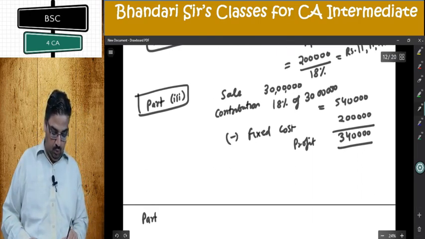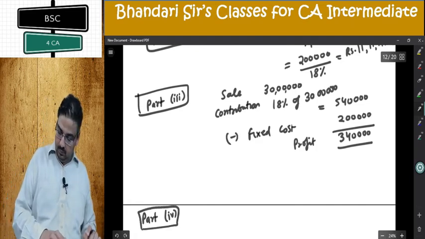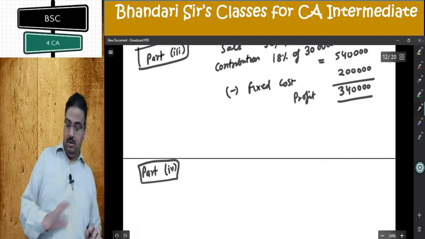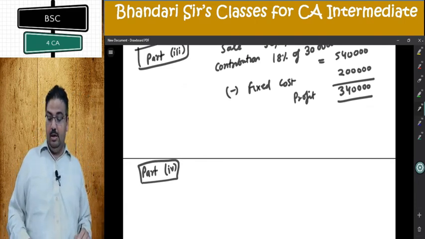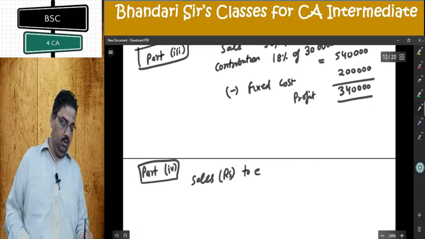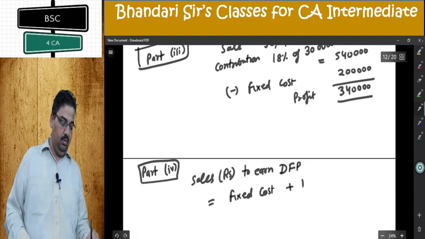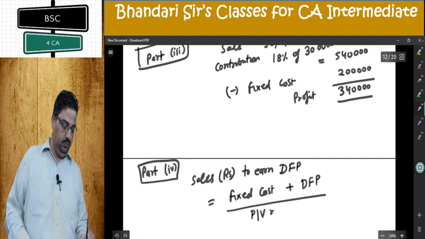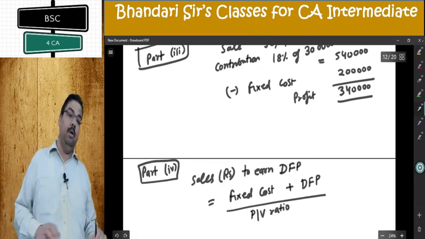Part 4. Nothing difficult, very simple parts. Sale to earn desired fixed profit. Sales in rupees to earn DFP. Formula: fixed cost plus desired fixed profit divide by PV ratio.